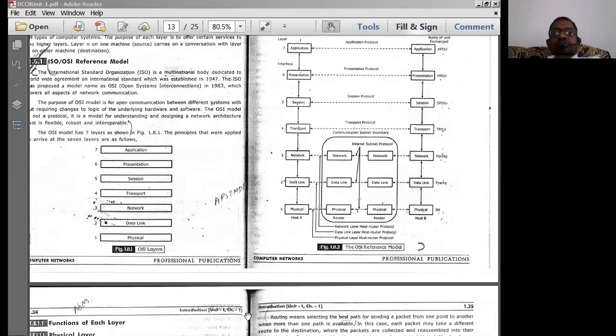So in the process of communicating an email from the source computer to the destination computer, the first layer that the data encounters at the destination computer is the physical layer. It takes the data from the physical layer and converts it into frames, and these frames are given to the data link layer.